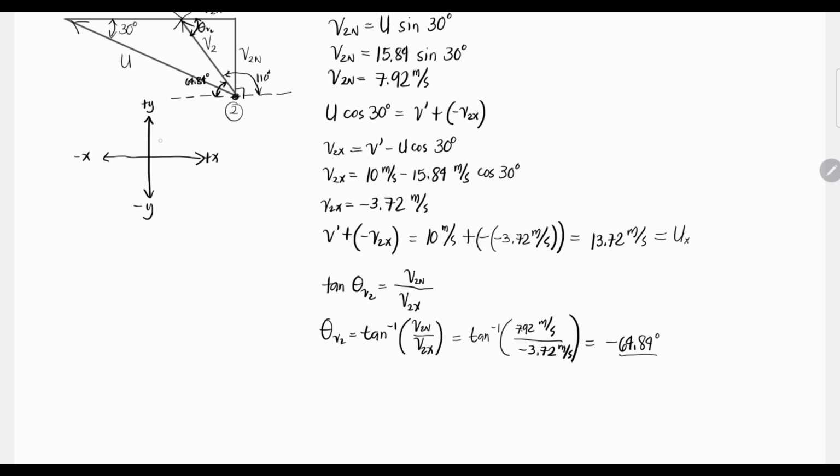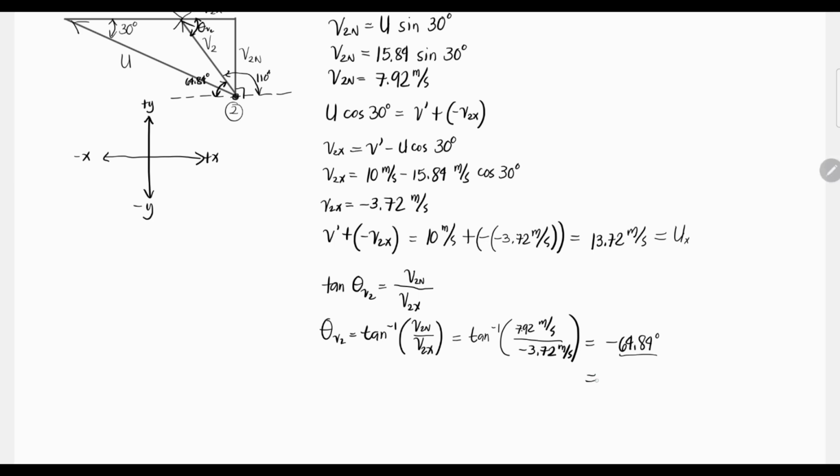So, positive 90, then positive 180, then positive 270, then positive 360. It goes back to 0. So, when it comes from here, we treat it as negative. So, it is negative 64.84, but only its direction is negative. Its magnitude is still 64.84.